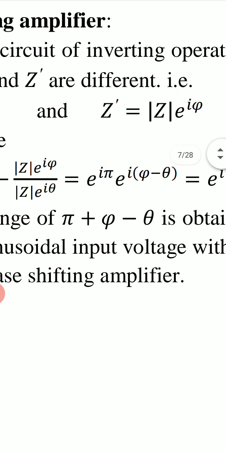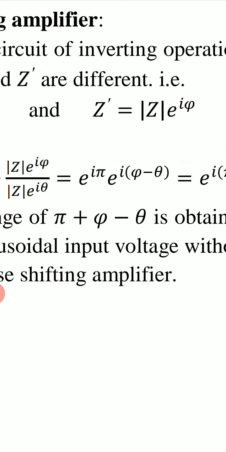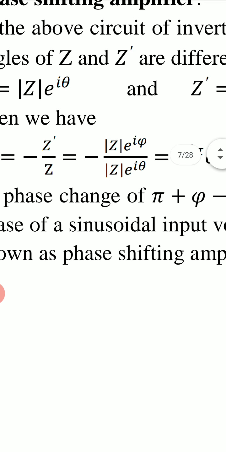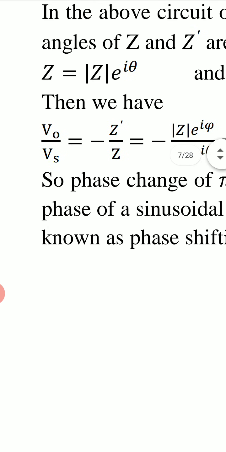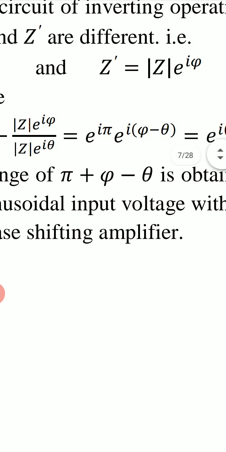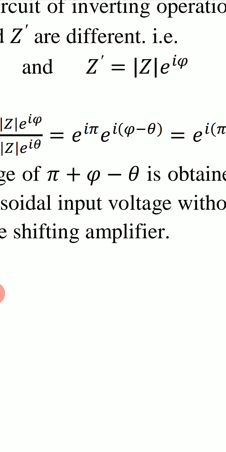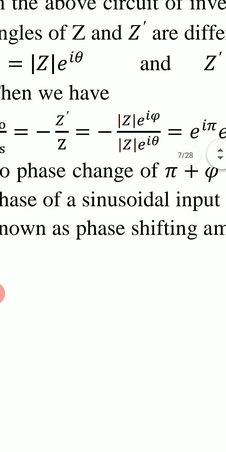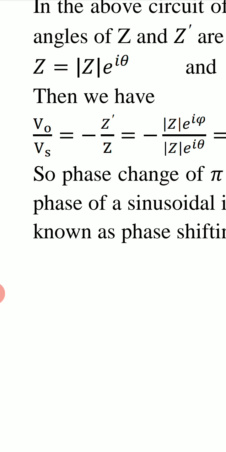Similarly, Z dash is equal to mod Z e to the power i phi. So we see that in Z and Z dash their amplitudes are same, equal to mod Z. Their phases are different. In expression for Z we have e to the power i theta, and in expression for Z dash we have e to the power i phi. So phi is the phase for impedance Z dash and theta is the phase for impedance Z.